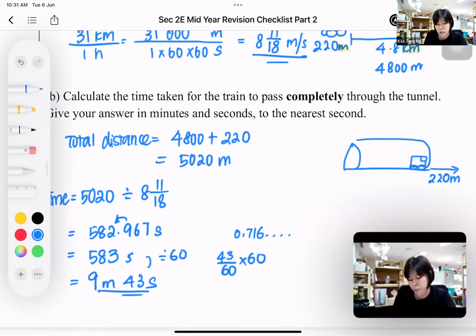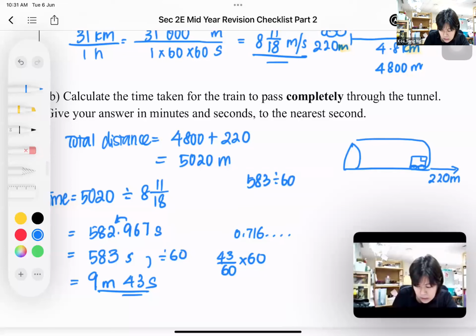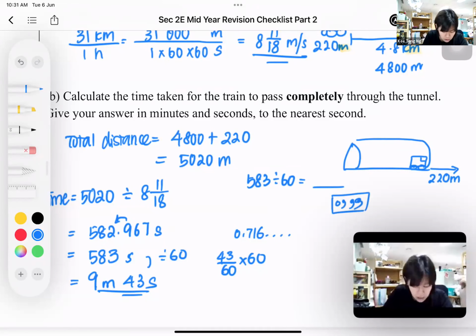Alternatively, when you press 583 divided by 60, you can get your answer already by pressing this button on your calculator. This is the time button. It can give you the actual answer in minutes and seconds. So you can try this for easy calculation during the examination.